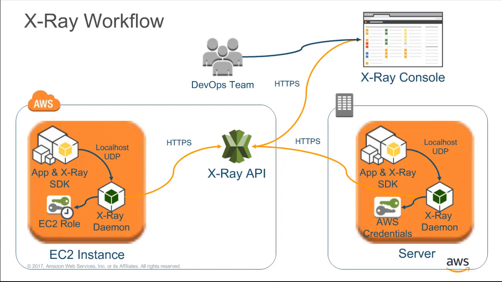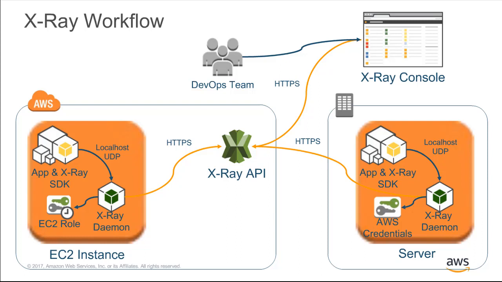So in a graphical sense, the X-Ray workflow looks somewhat like this. You've got your DevOps teams or your developer teams accessing the X-Ray console over HTTPS using the AWS Management Console. You've got applications that are instrumented. Here, the scenario essentially is a hybrid application that runs maybe one service on EC2 or AWS, and the other piece runs on-prem or in your own data center, for example.